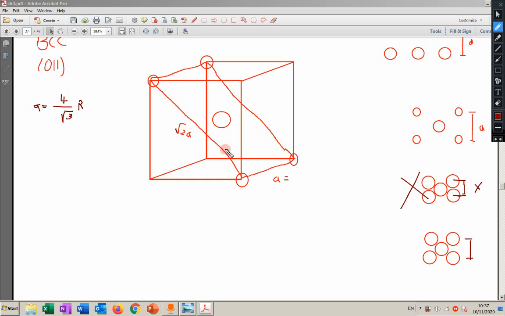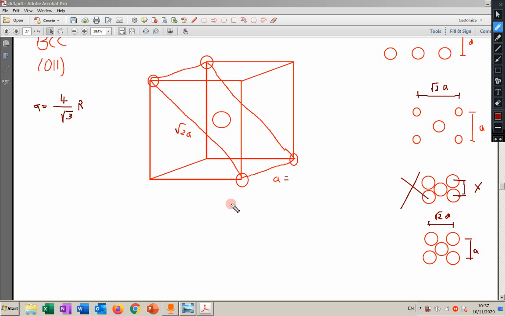If you imagine this is going to be root 2A, there will be space between the atoms. But there is space here, there is also space here, so both of them are okay. We can assume that this is root 2A because there's a space between the atoms. But how do we choose between this one and the third one?